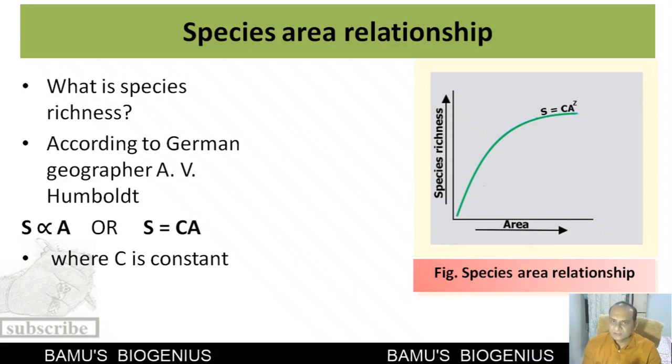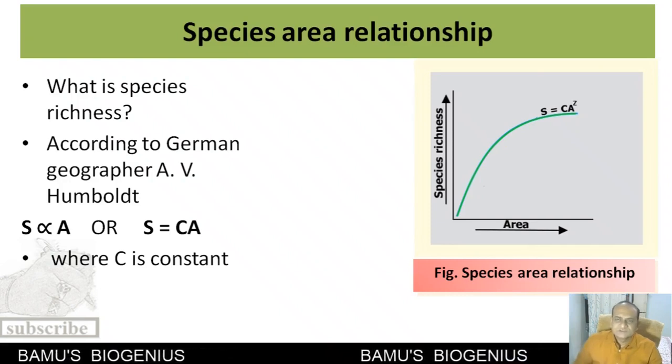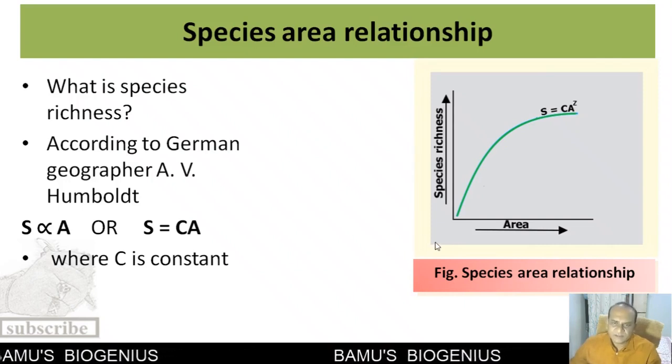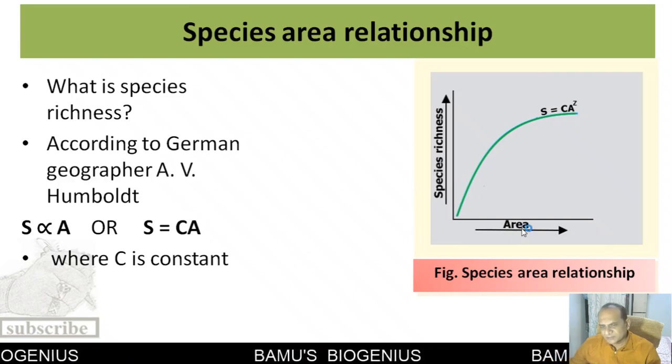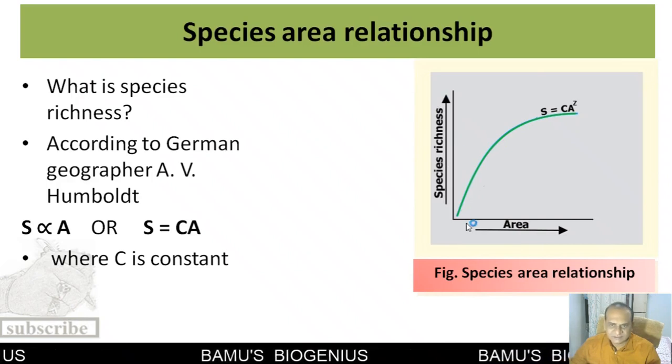So he found a trend, and when he plotted a graph by putting area on the x-axis and species richness on the y-axis, he got such a type of curve.